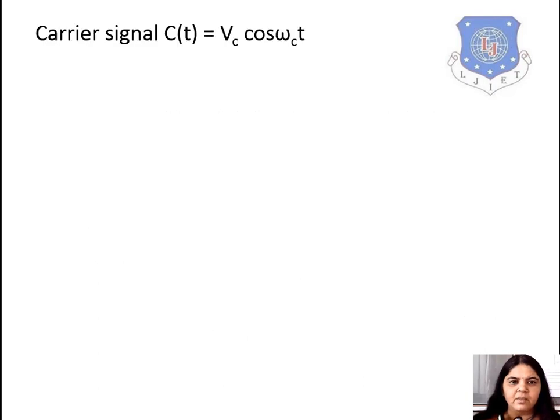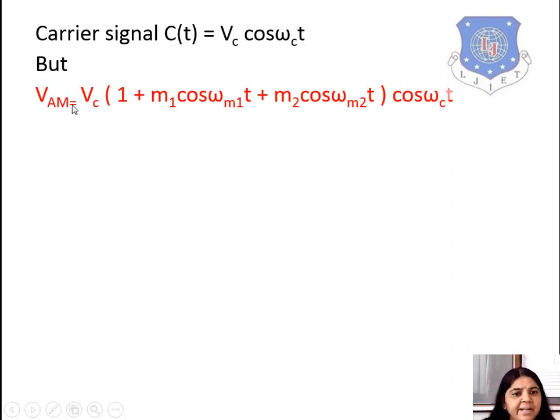So now, carrier signal c(t) equals Vc cos omega ct. We know that the amplitude modulated wave is equal to Vc in bracket 1 plus small m cos omega m1t, times cos omega ct, in the earlier case where only one modulating signal is there.